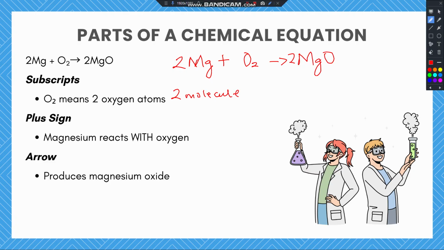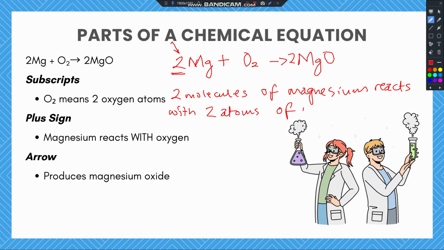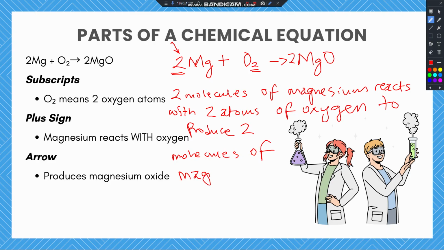I would simply say 2 molecules of magnesium, because you can see there are 2 molecules of magnesium as denoted by the coefficient 2. 2 molecules of magnesium reacts with 2 atoms of oxygen, because you can see oxygen has 2 atoms present, to produce 2 molecules of magnesium oxide.